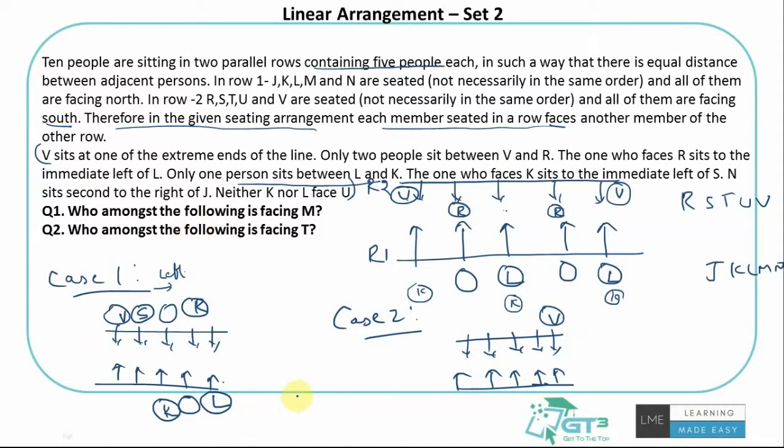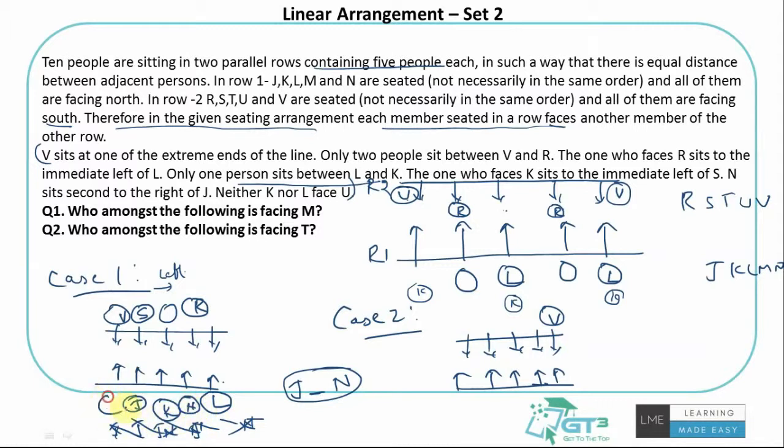N sits second to the right of J. If J is here, N must be here, which is not correct. If J is here, N must be taking this, which is a possibility. J can't be seated here, and if J is sitting here, then N must be sitting outside, which is also not a possibility. So I only see one possibility, which is that J sits here and N sits second to the right of J.